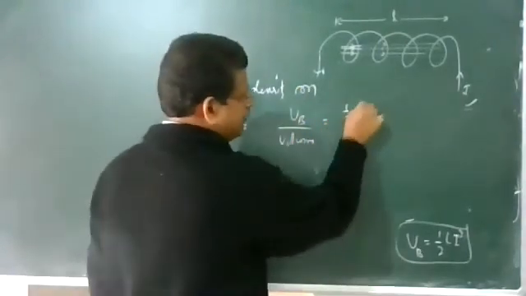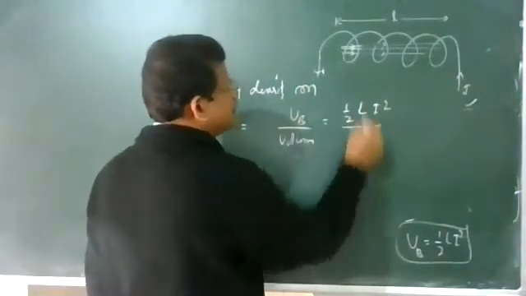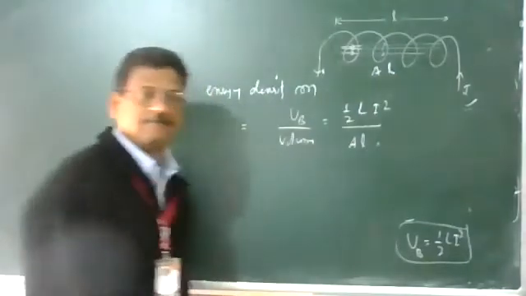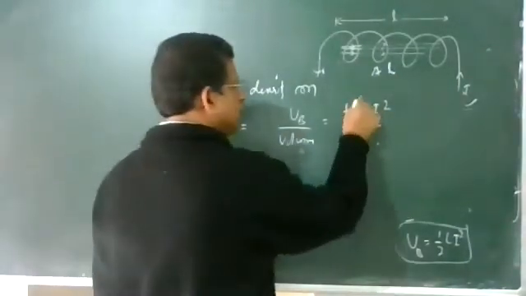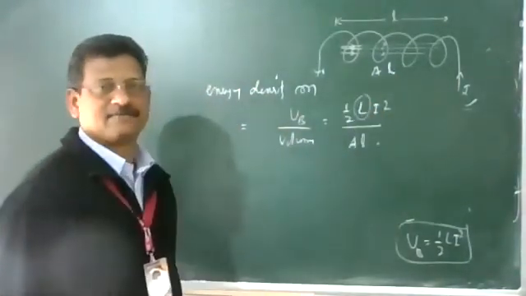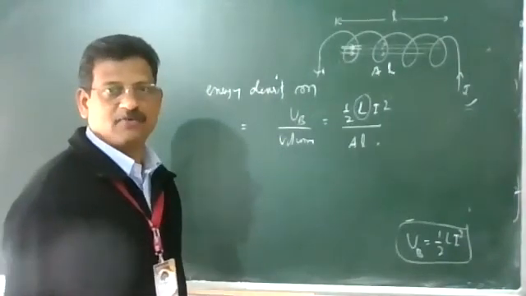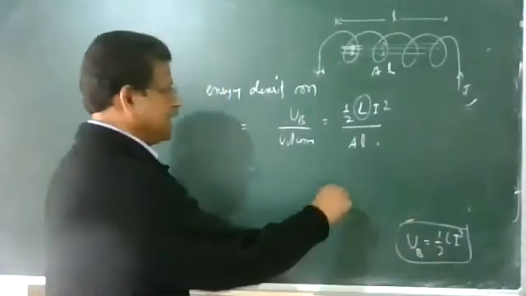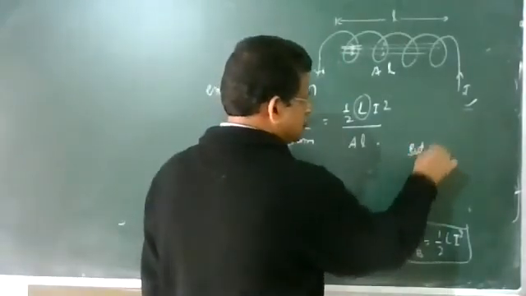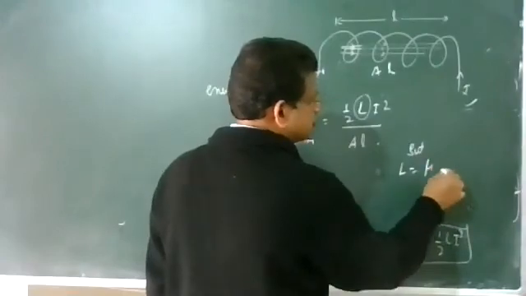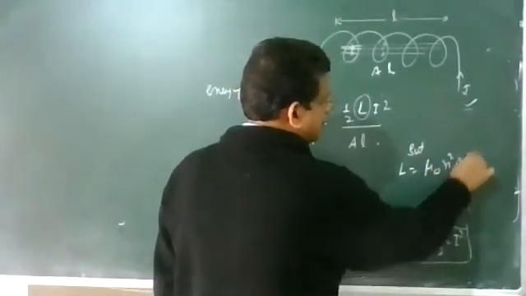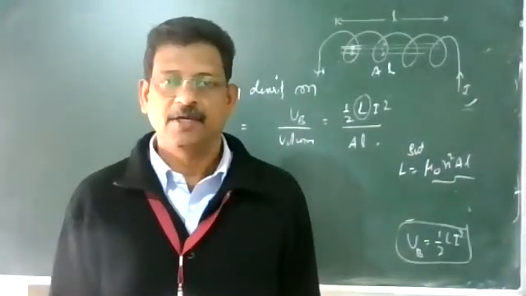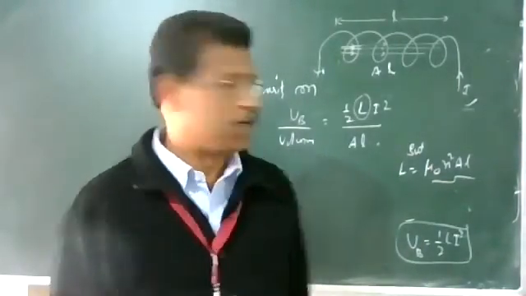Total energy is half L I square, where the volume equals A into l, A is the area of cross section, l is the length. Substitute the value of L in this case. We have seen the value of L just now. For an air core solenoid, L is equal to mu naught N square A l. If there is a medium, you use the medium's mu instead of mu naught.